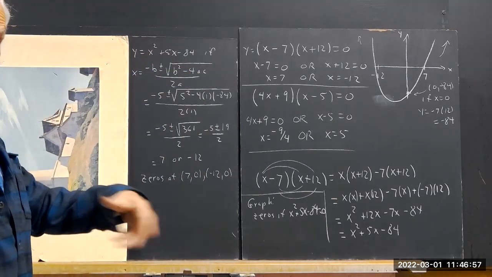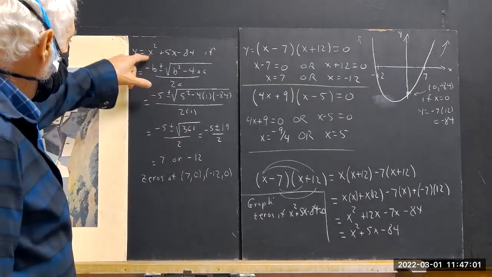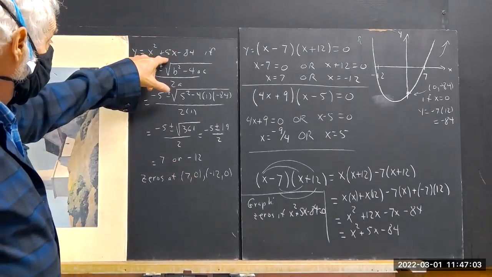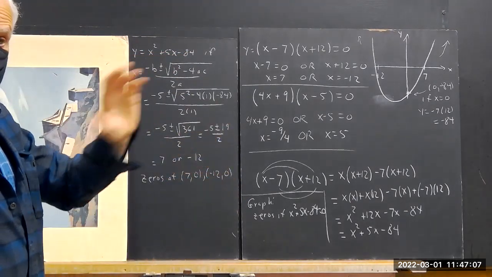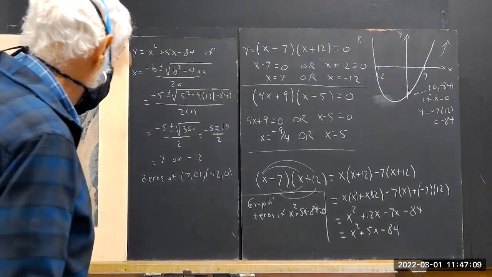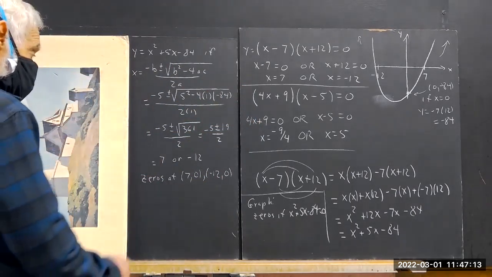So once in a while you want to do that to remind yourself of what all this means. You put in -12, you're going to get 144 here, and then minus 60 minus 84. 60 plus 84 is 144, so you have 144 minus 144, you get 0. Again, it's always good to do that once in a while.